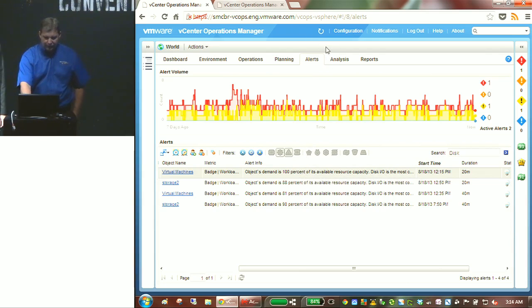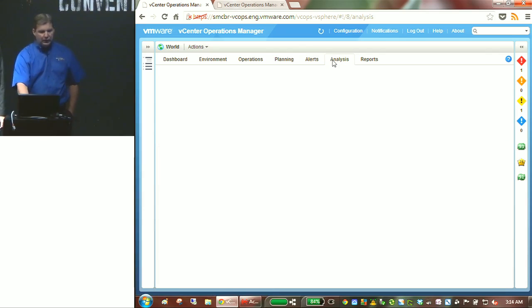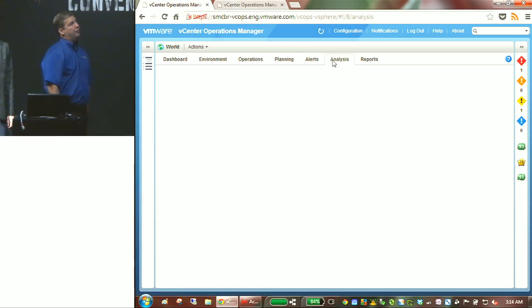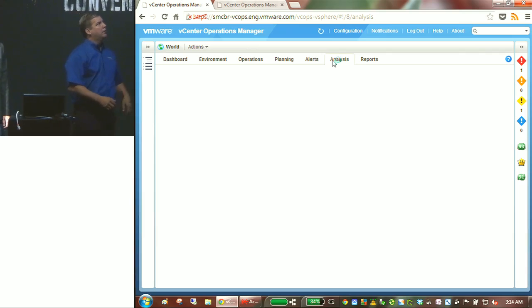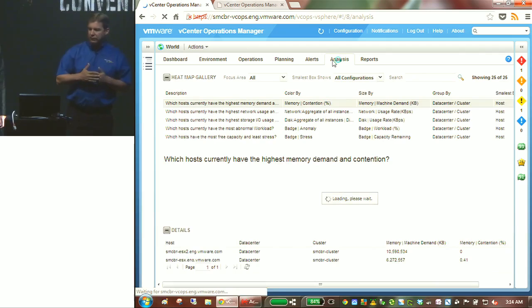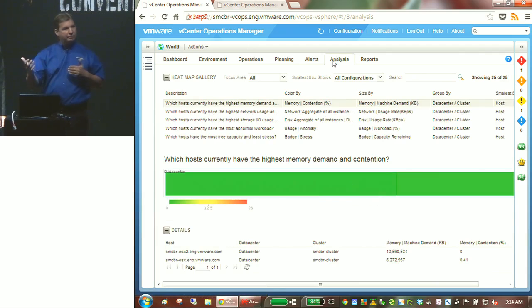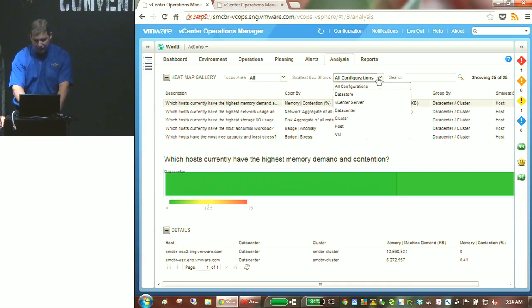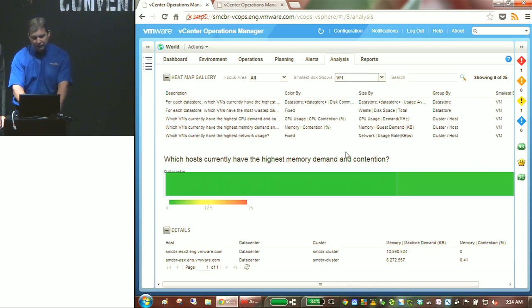One of the things that I like to use is probably the analysis page, which is tree maps. The tree maps are organized in various ways. We have categories for storage, CPU, memory, disk and network. So I can look at a bunch of objects, and in particular, I want to look at virtual machines.